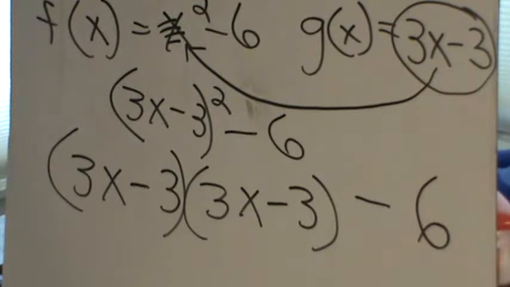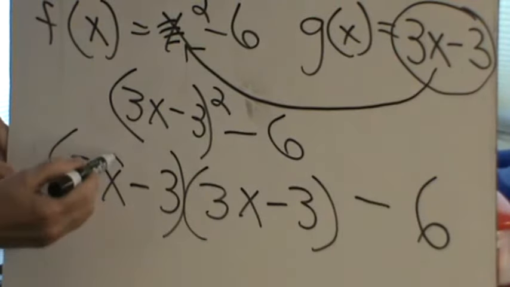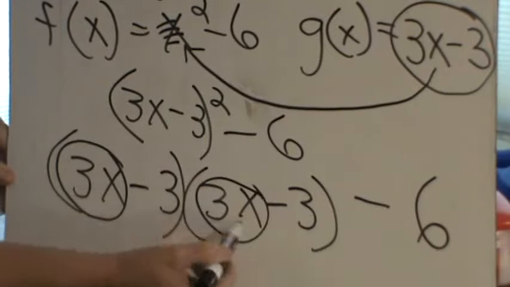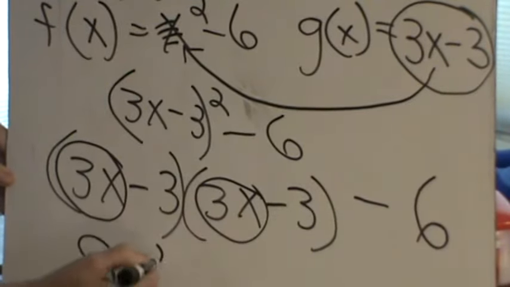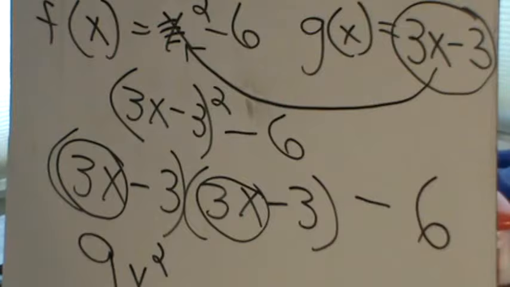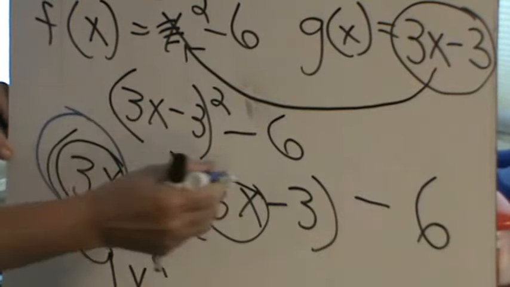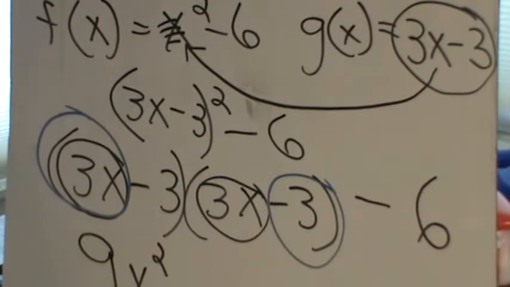What's FOIL? And of course, those of you who might have forgotten what FOIL is, it's just a little acronym for multiplying binomials. The F stands for first, so you take these first 2 items and you get 9x squared. The O stands for the outside, which is the 3x again, but with the negative 3. Outside items, that's negative 9x.